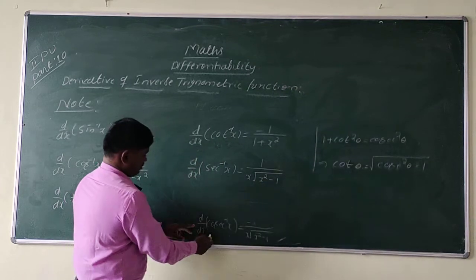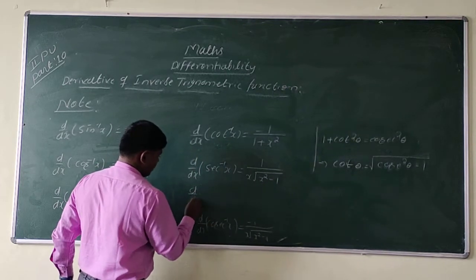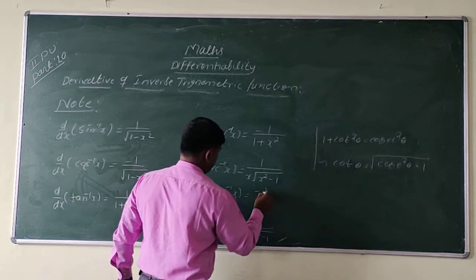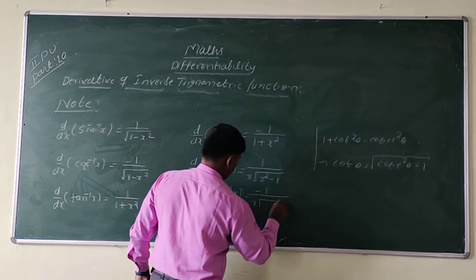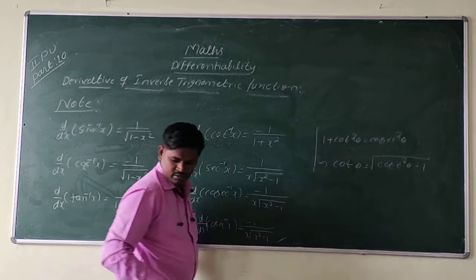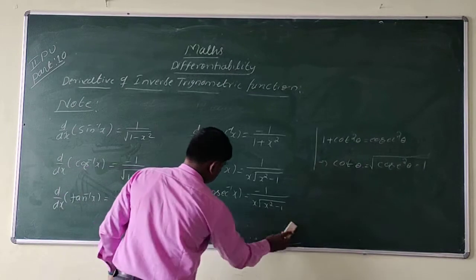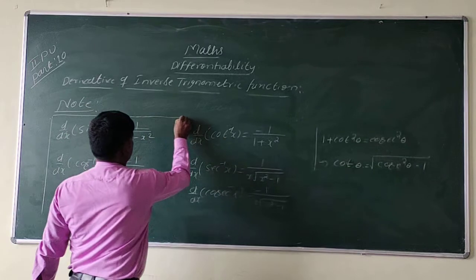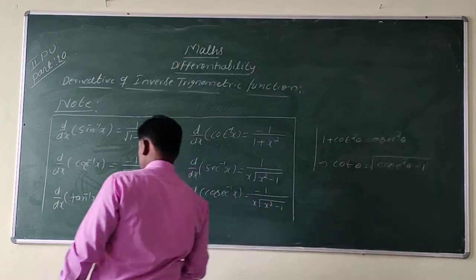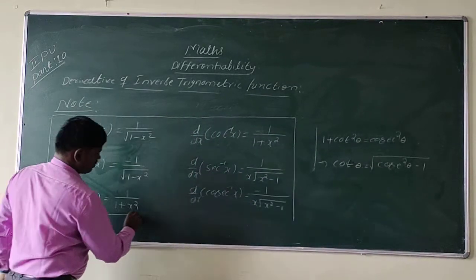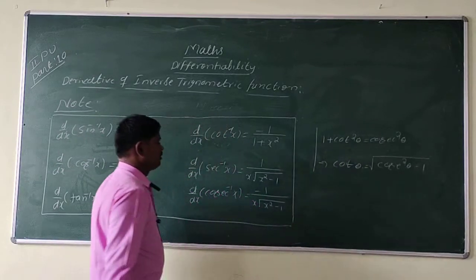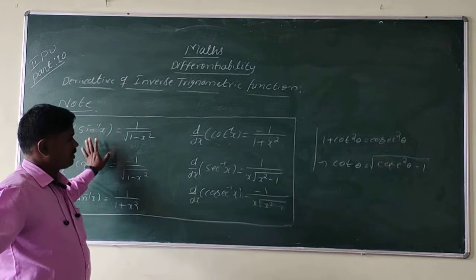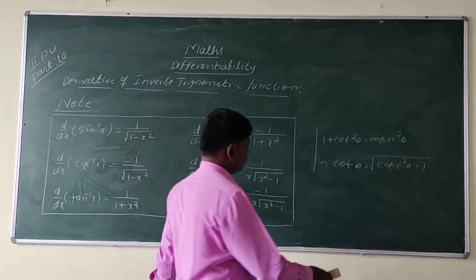And d by dx of cosecant inverse of x is equal to minus 1 by x into root of x square minus 1. Write this down and put it into a box. These are important formulas to remember. We have proved them, and now we are going to use them as standard formulas.